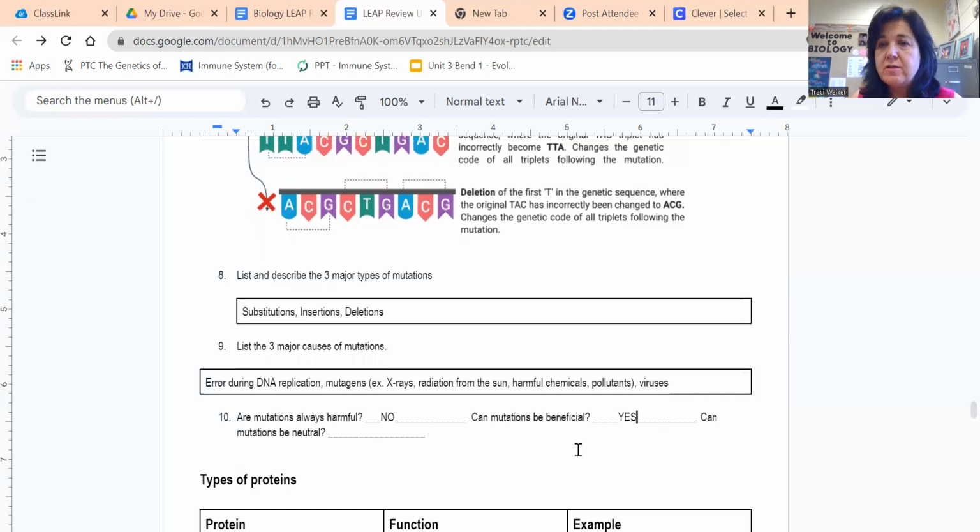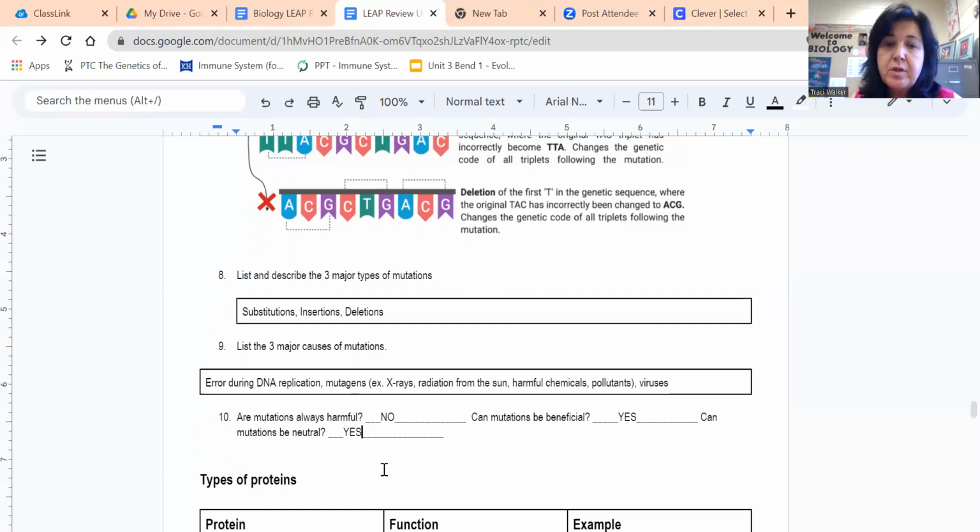So mutations can be beneficial if whatever that trait is that happened as a result of the mutation gives that organism an advantage in surviving, then it can be beneficial. And then sometimes mutations are neutral. They're neither harmful nor beneficial.